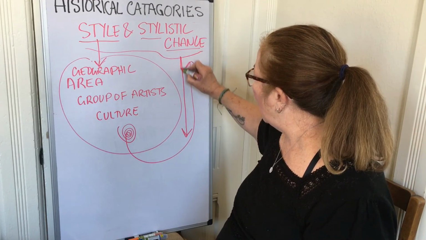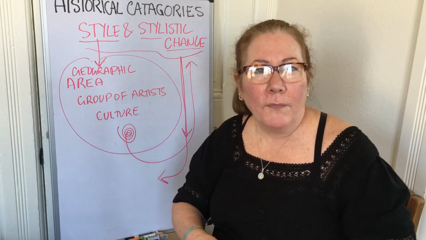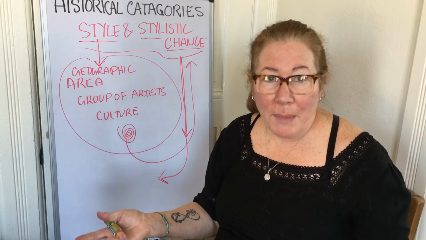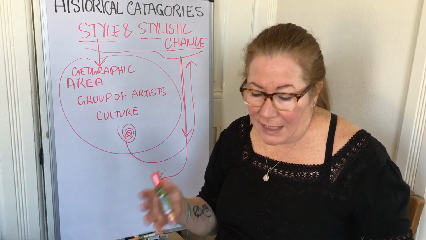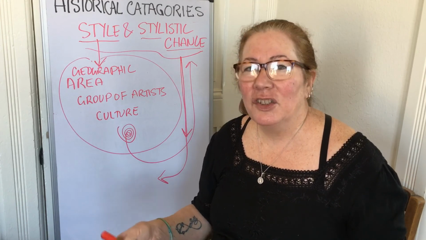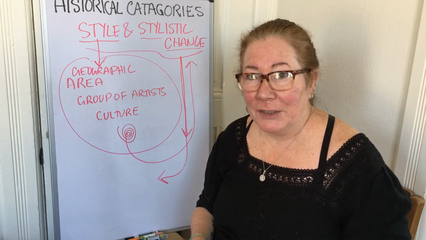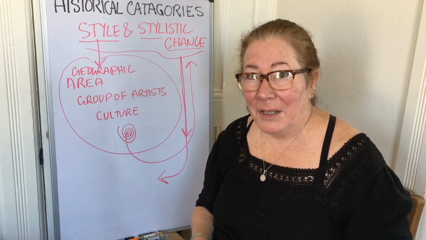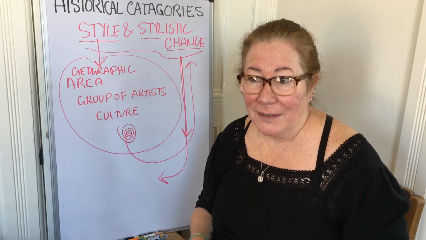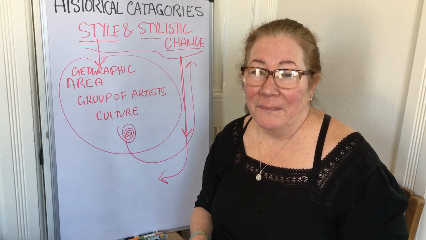So we have that stylistic change happening, evolving. I just want to remind you, it's not evolving to be better than what came before. It's just different than what came before. That's what stylistic change is about. Remember Sister Wendy's words: art doesn't get better.